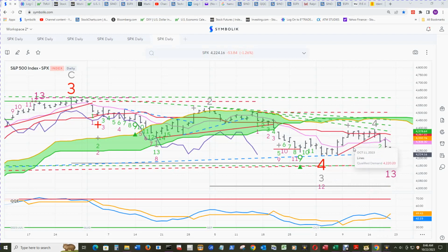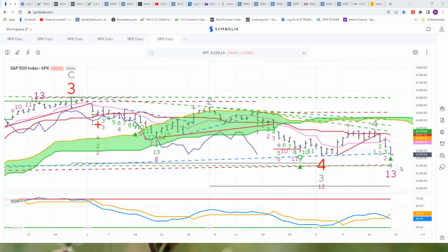Not that it would really matter because we've already experienced the downside and probably would have hit where the projection would have been. But still, it's an important area, this high, for the first candle of the identical 3 crows here.